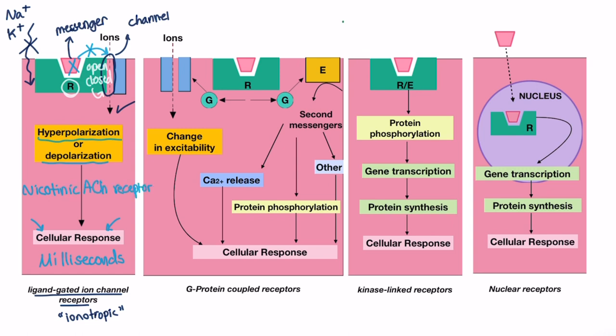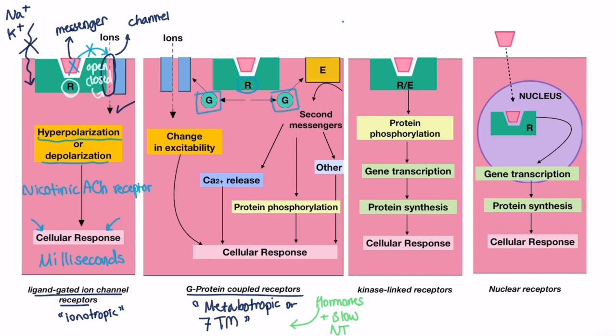Moving on to the second type and the largest family of receptors, which is G protein coupled receptors. These are also called metabotropic receptors or 7-transmembrane receptors. In general, they are activated by hormones and slow-acting neurotransmitters. These are membrane-bound proteins that are responsible for activating a protein called G protein.